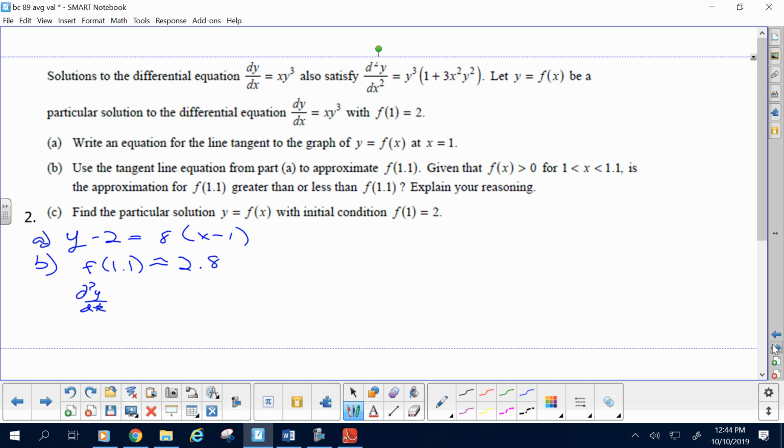This is actually a fine point. We're not going to get to it. Is it enough to say it's concave at the point of tangency? Or does it have to be concave up or down from the point of tangency to the point of estimate? I'll let you think about that, and we'll finish going over it tomorrow.